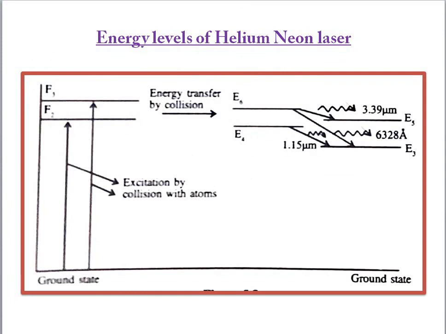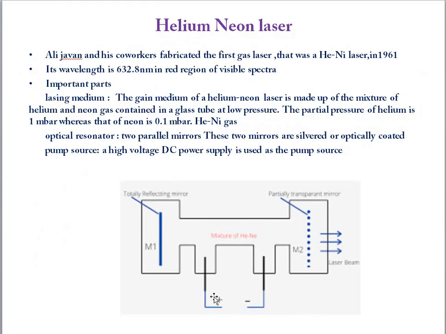So the working: when the power is switched on, the discharge takes place inside the tube. The electrons and ions produced in the process of discharge are accelerated towards the respective electrodes.